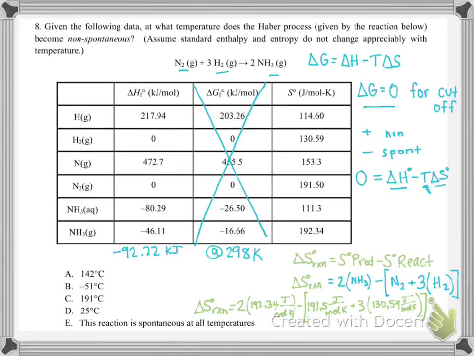And when you go ahead and evaluate, you find out that this change in entropy for the whole reaction is equal to negative 198.59 units are joules per Kelvin.